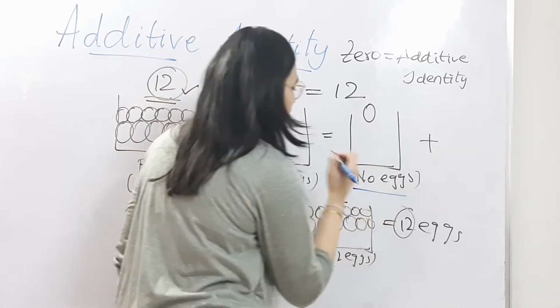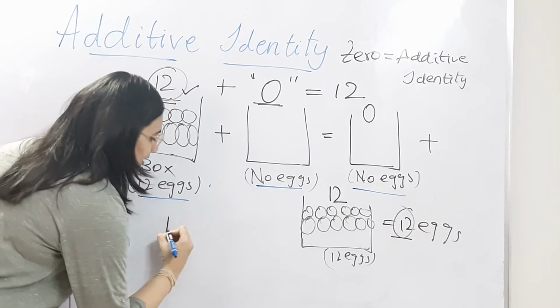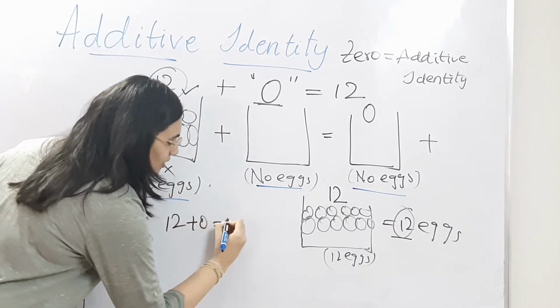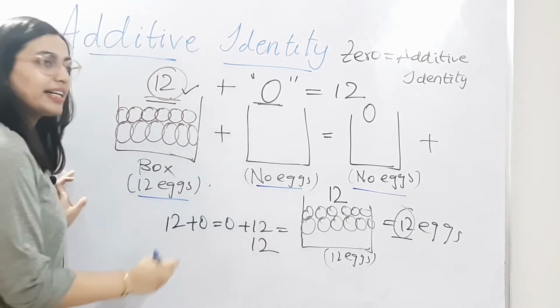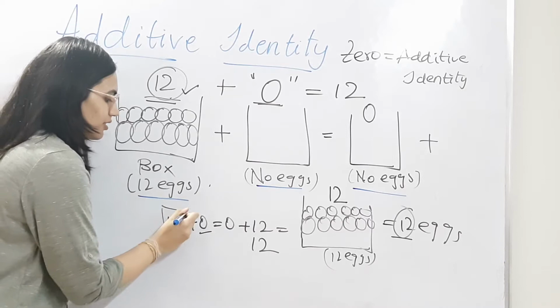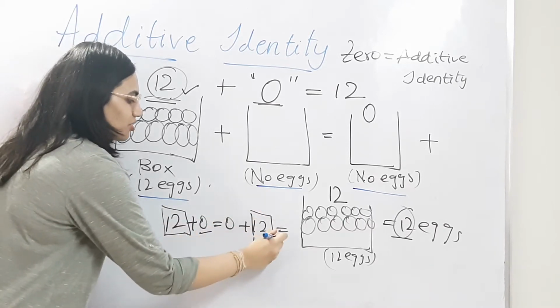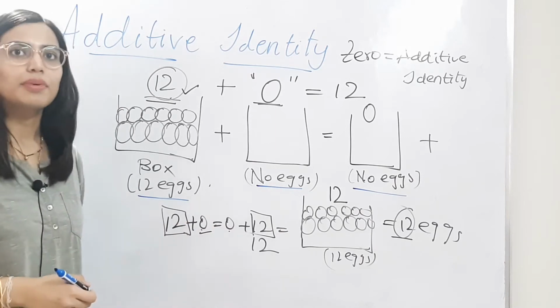That means 0 plus 12 is also 12. So in short, we can say that 12 plus 0 is equal to 0 plus 12 is equal to 12. Here you can clearly observe that the value is not changed even though we add 0 to this number.